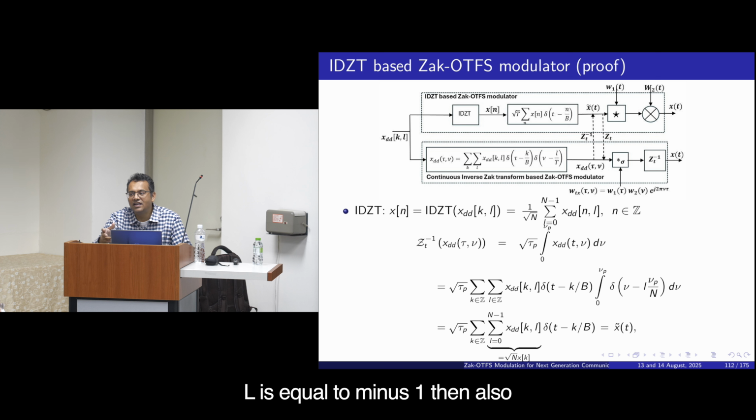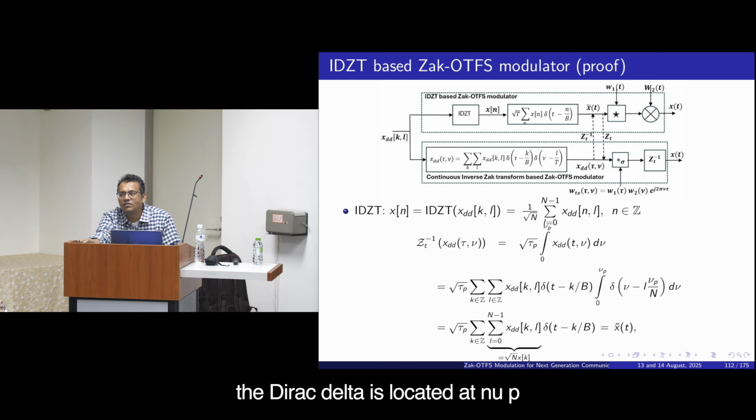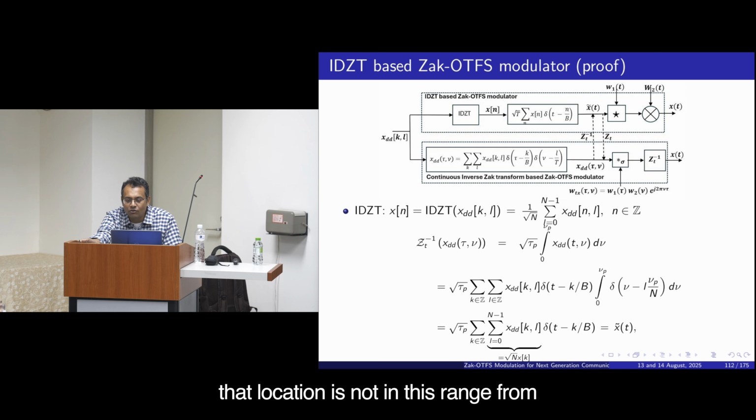Similarly, if L is equal to -1, then also the Dirac delta is located at nu p times -1 by n, and that location is not in this range from 0 to nu p, right.